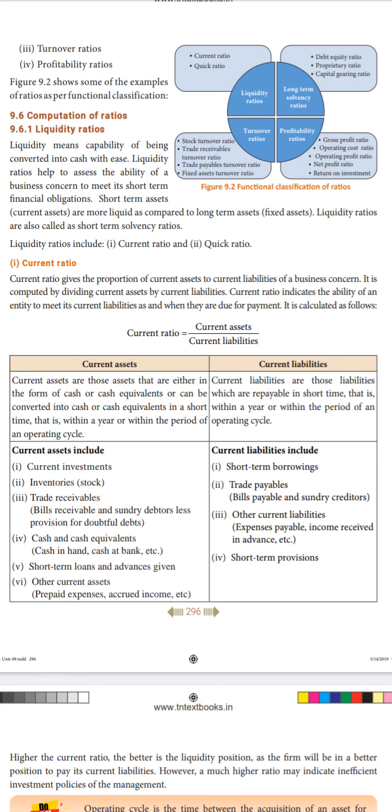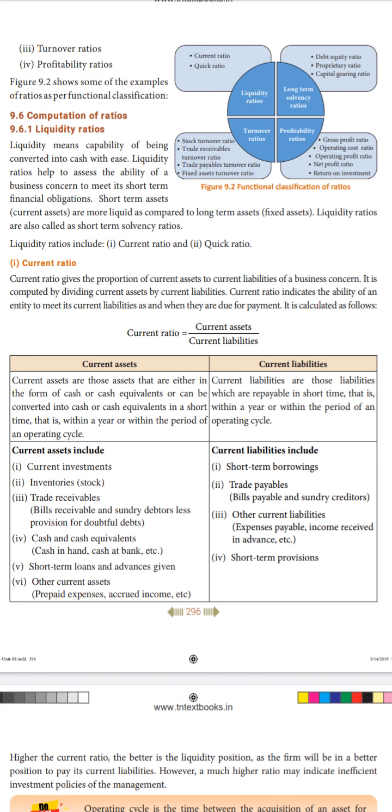Whenever your current ratio is higher, it shows that the liquidity position of the firm is better, which means they are in a better position to pay off the debt, whatever they have to repay to the current liabilities or to the creditors.